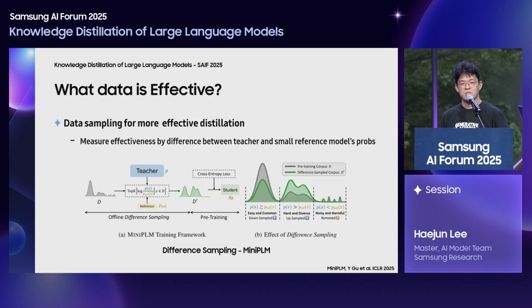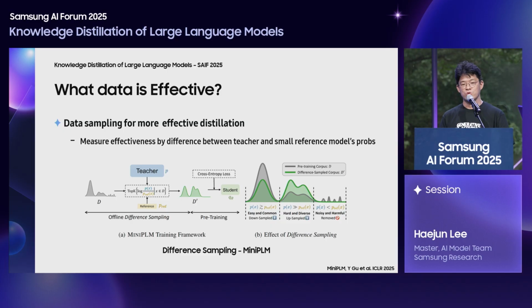In selecting the data, you can do it in a distillation effective manner. Mini PRM research uses the teacher model's probability and the student model's probability to define the characteristics of data for sampling. For example, if the teacher model's probability is similar to or lower than the student model's, then the student can follow the teacher very well.